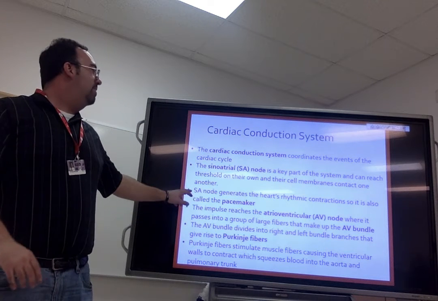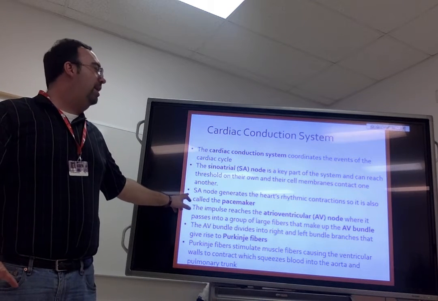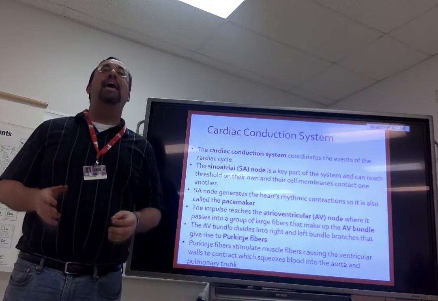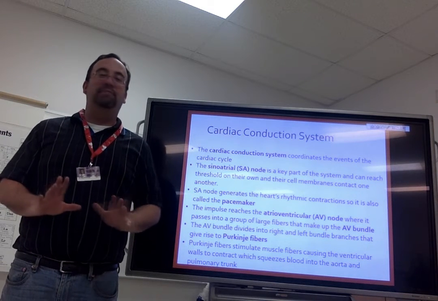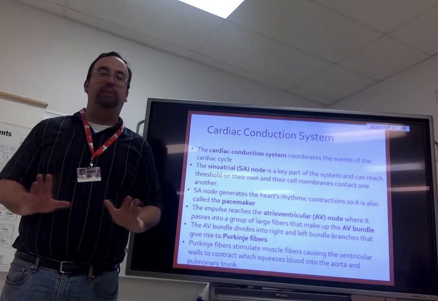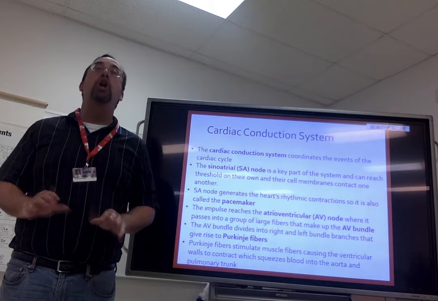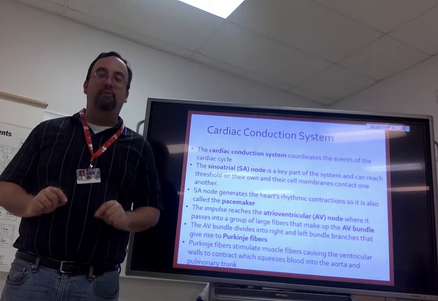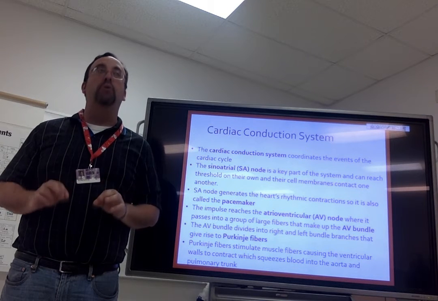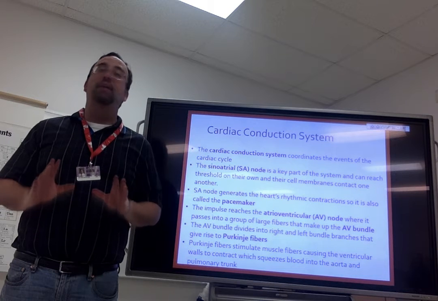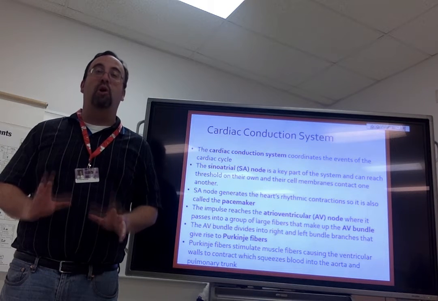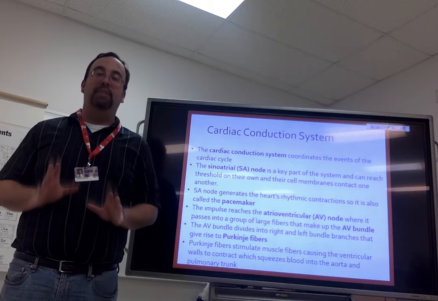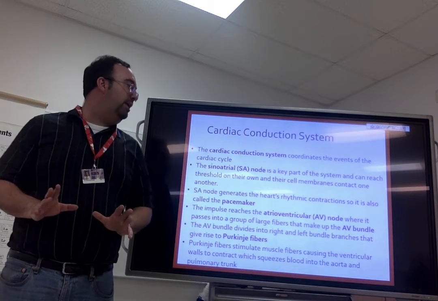All right, the SA node will generate the heart's rhythmic contractions, so it's also known as a pacemaker. This is different from the artificial pacemakers they put in people that have problems with their heart. Your body has its own pacemaker in the form of this SA node. If there's a problem with your SA node, then you have a serious problem with your heart rate, and you might end up dying from it. So it's important that this is tightly regulated.